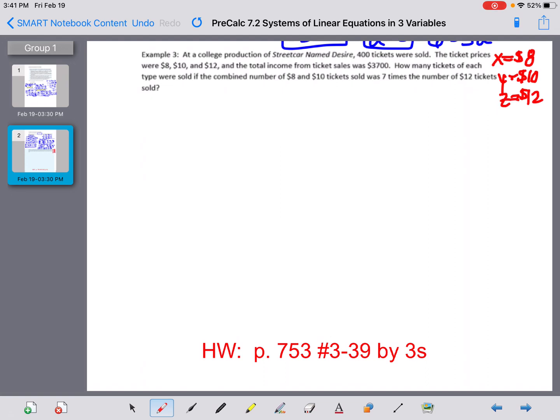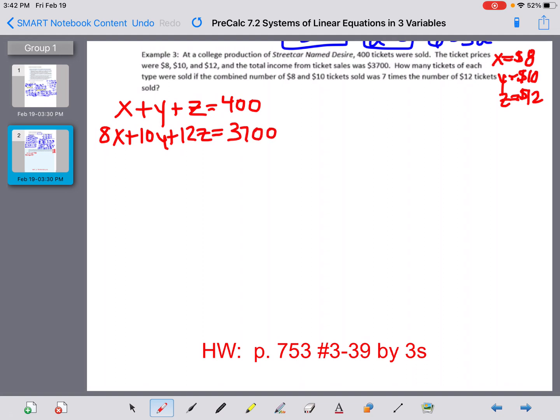Okay. Once again, like we did yesterday in 7.1, we want a quantity equation. So my X tickets plus my Y tickets plus my Z tickets equals 400 tickets. That's my quantity. Now I'm going to go to my money. So 8 times X plus 10 times Y plus 12 times Z made me $3,700.